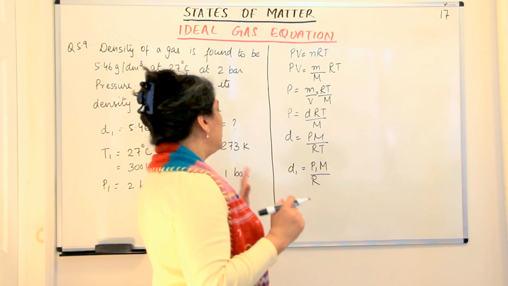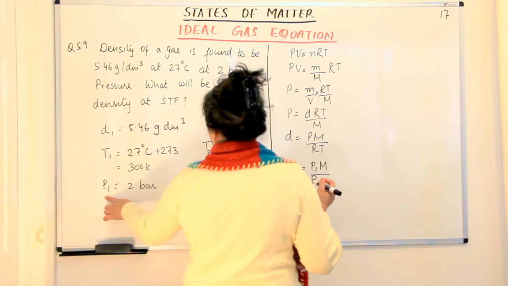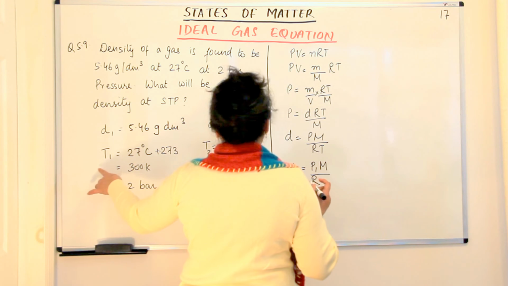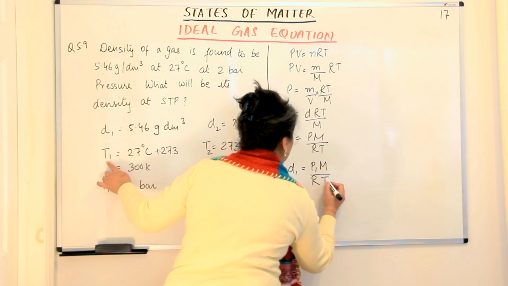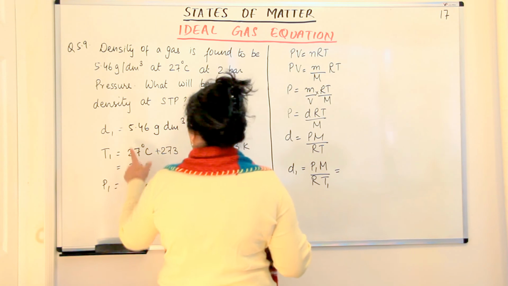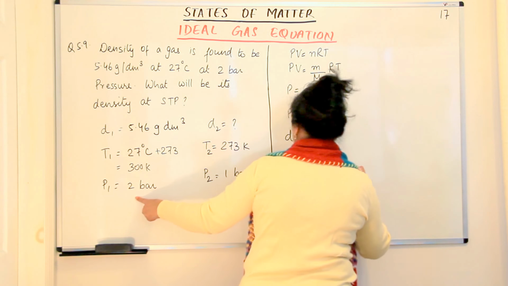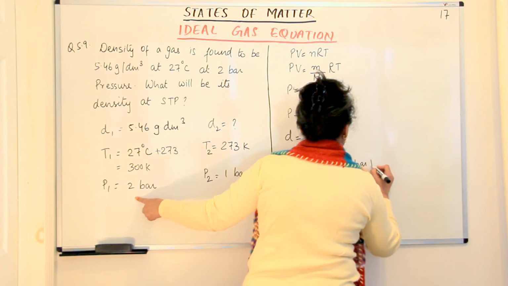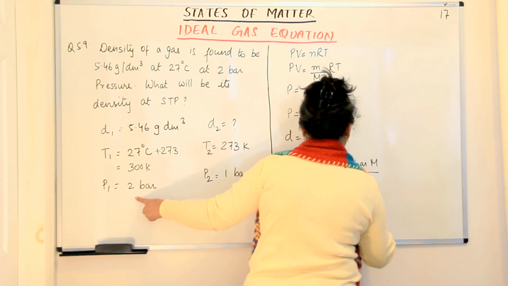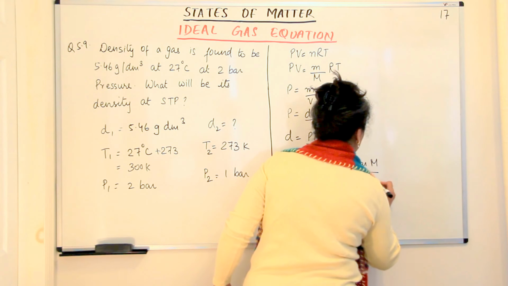So the molar mass is constant, so I keep it as constant. R is the gas constant, and T is T1. Do you see here? So that's D1. So let us put the values of this. P1 is 2 bar. Molar mass, we're keeping it as M upon R, and T1 is 300 Kelvin, right?